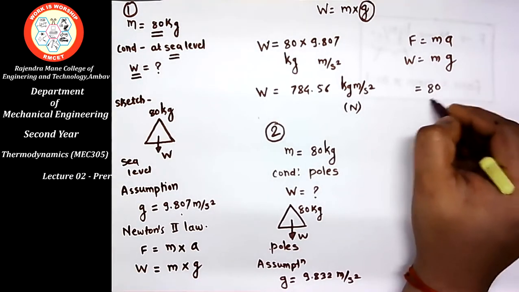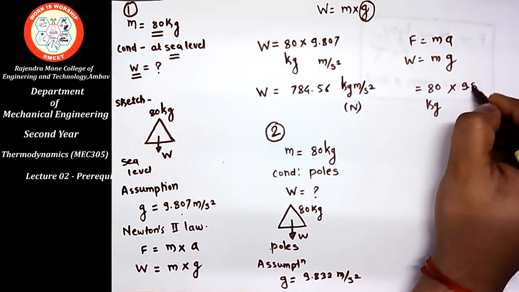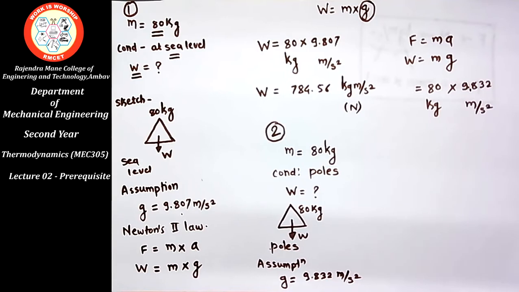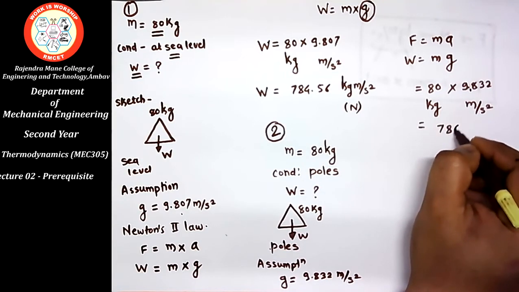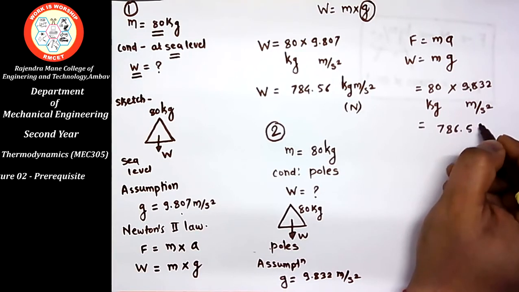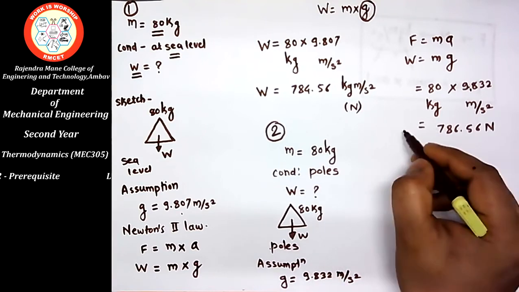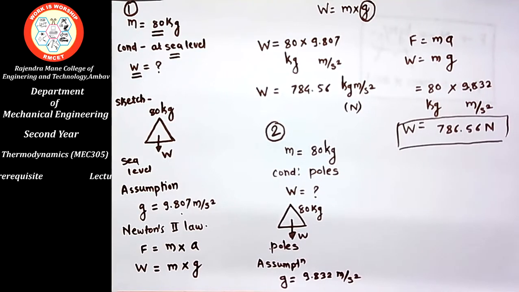So mass is 80 kg and gravitational acceleration is 9.832 meter per second square, and that will give me the final value as 786.56 Newton. So we have applied our 6 steps and I have got the answer of W. These 6 steps will help you in any engineering problem.